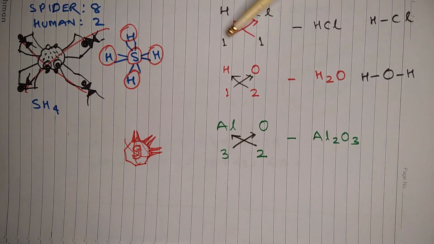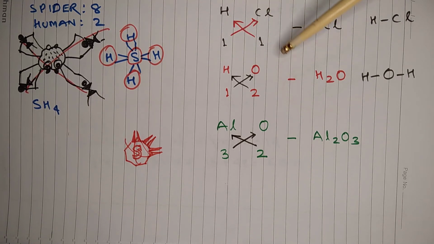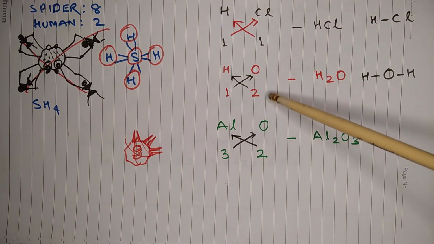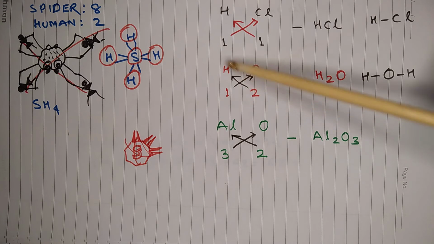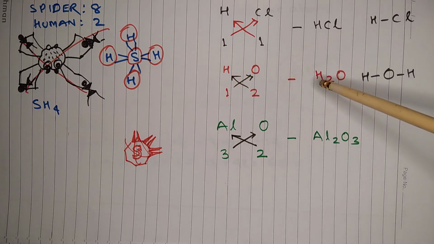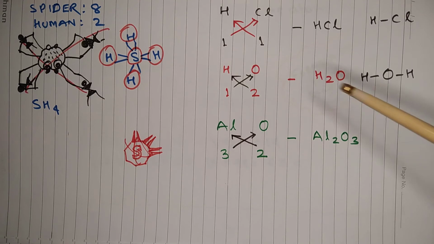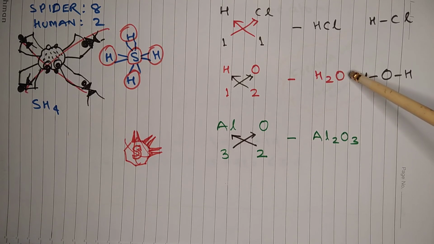Let us see another example, that is water molecule. So hydrogen is written here, oxygen is written here. The valency of hydrogen is 1, that of oxygen is 2. So let us cross connect. So the valency of oxygen will be written next to hydrogen, and valency of hydrogen will be written next to oxygen.